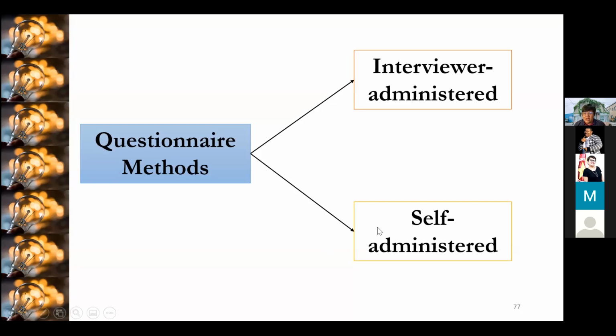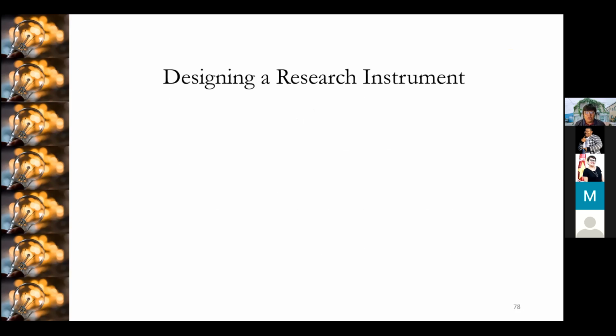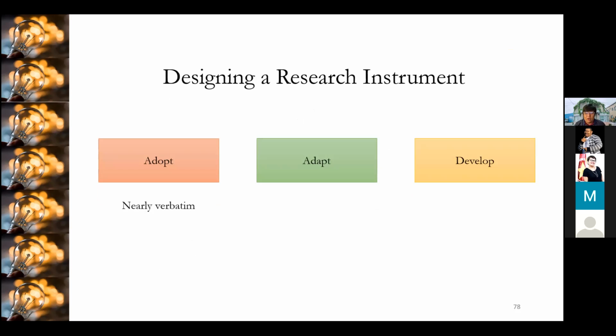On the other hand, self-administered questionnaire is also another method of data collection wherein we allow our respondents to independently answer our research questionnaire. So here there's no need for the presence of a data collector. What is important in a self-administered questionnaire is that you have a clear instruction on how the items will be answered by these respondents. Okay.